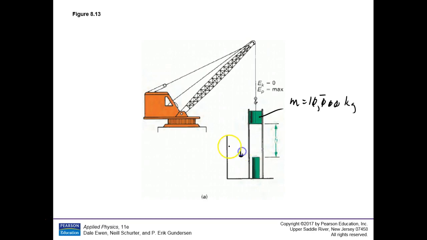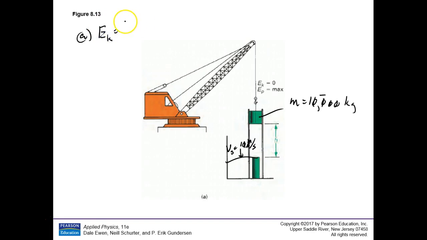So V sub S, the velocity of striking, is 10.0 meters per second, 3 significant digits. The A part of this question says, what is the kinetic energy of the driver as it strikes the pile when it's right here? What's the E sub K?